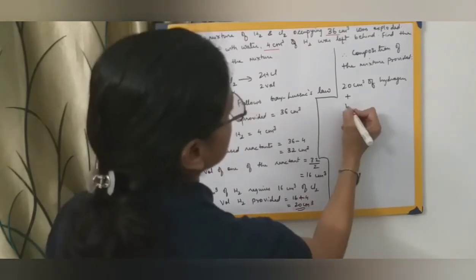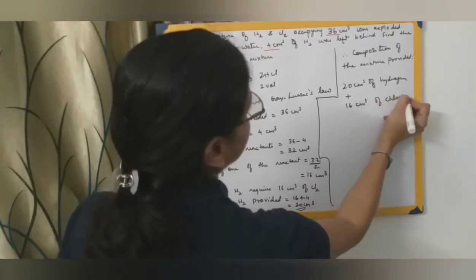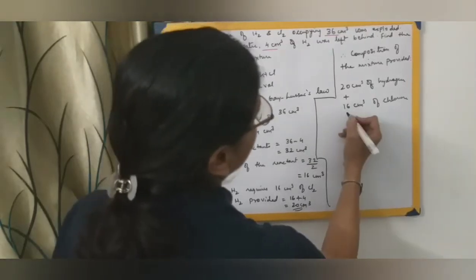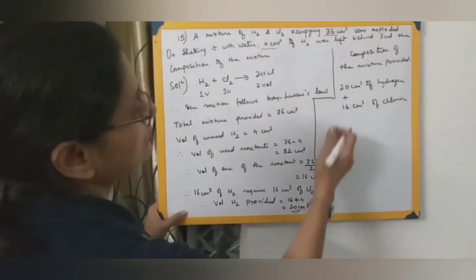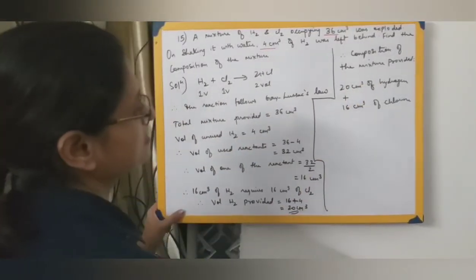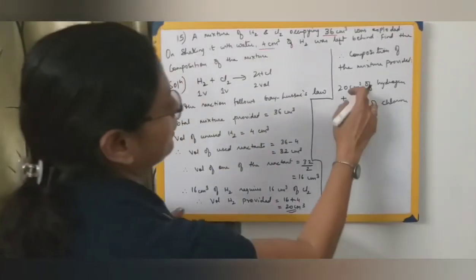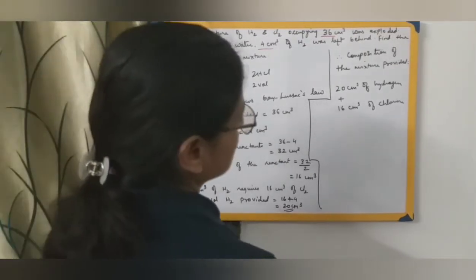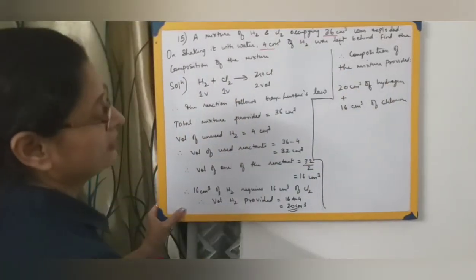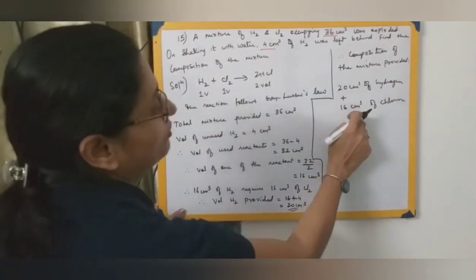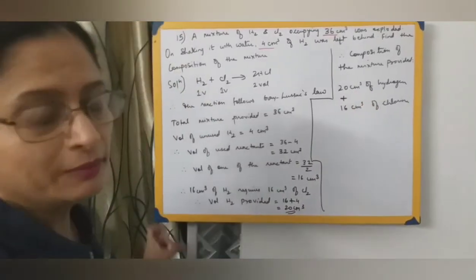Make sure you write it in this way. So this is your answer. Answer is equal to 20 cubic centimeter of hydrogen plus 16 cubic centimeter of chlorine. Or you can write the total of hydrogen and chlorine, that will be 36 cubic centimeter. I always suggest you leave it in the first way, because they have asked the composition of the mixture, that means how much hydrogen, how much chlorine. So always mention individually, but show a plus sign over here.